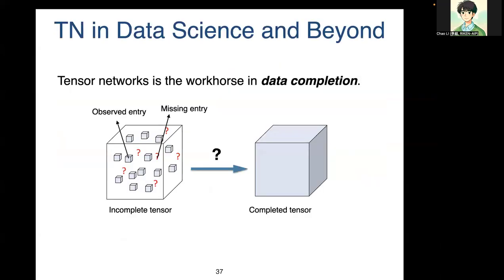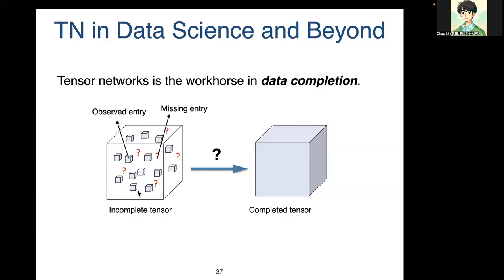In the last application, let's take a look at how tensor networks are being used in data science and beyond. Here, the problem is that we often face incomplete and high-dimensional datasets. Think of them as large tensors with many missing entries.